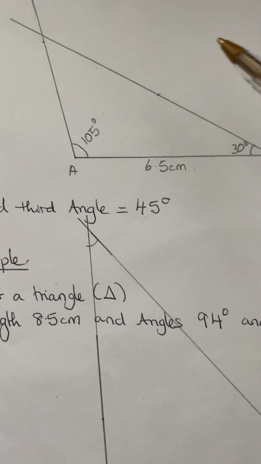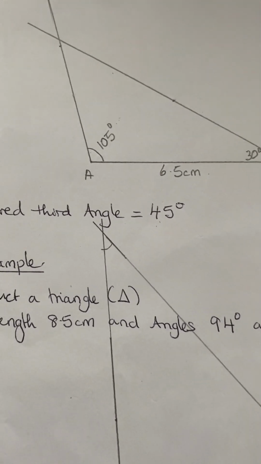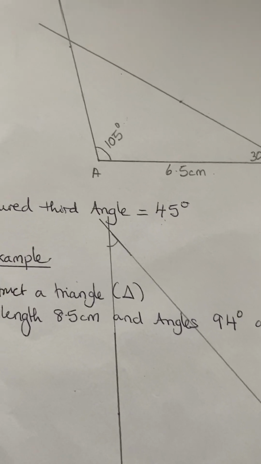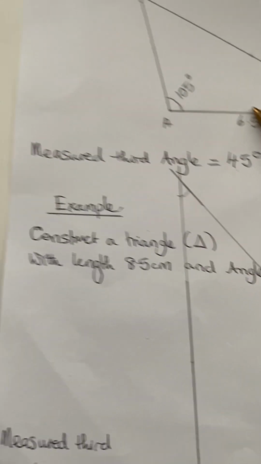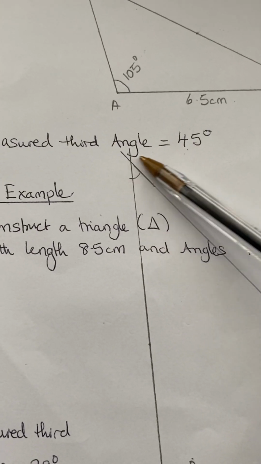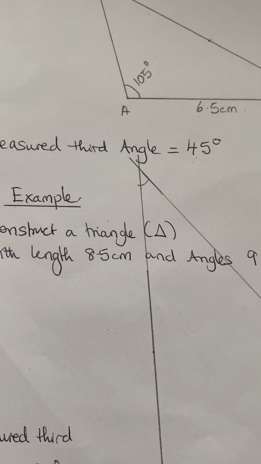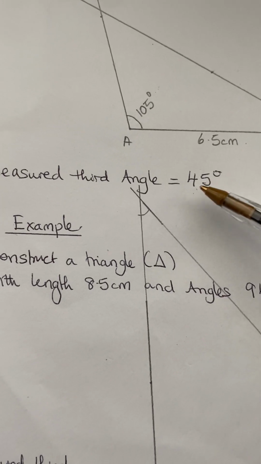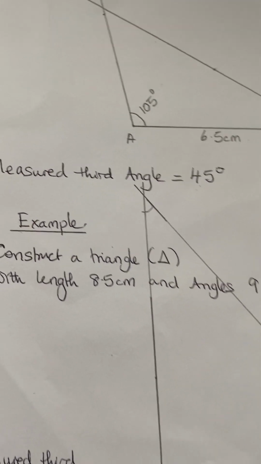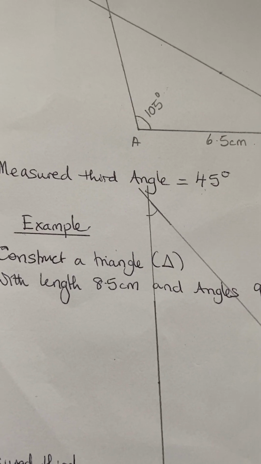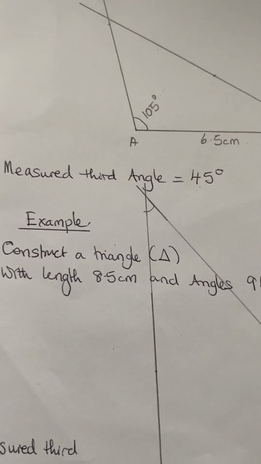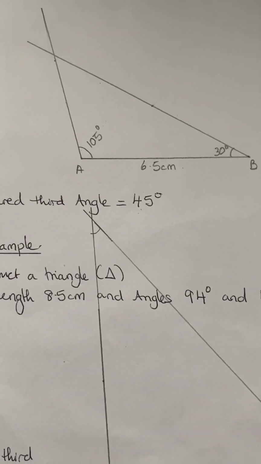You've drawn it, you've seen it, so you can say that it is a fact. So measure the third angle and it's 45 degrees. By construction it's true, and by theory it's also true. That's why we can use that to do our calculations and be sure that it is true.